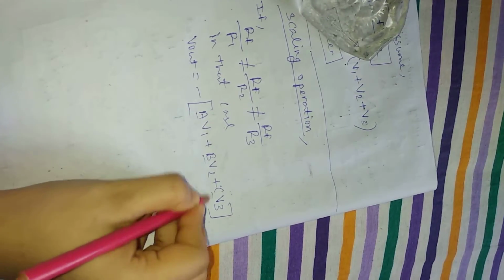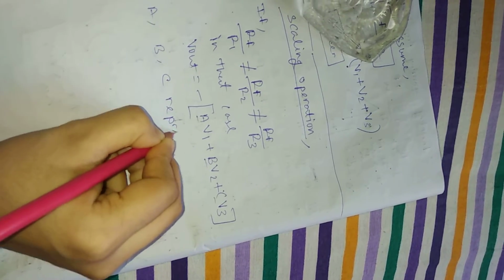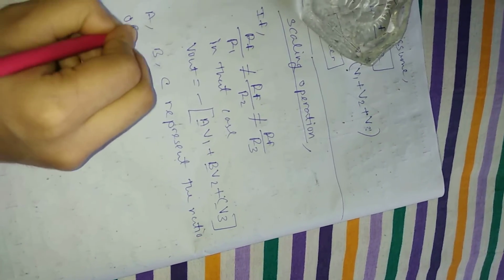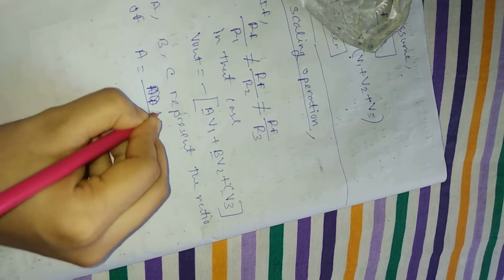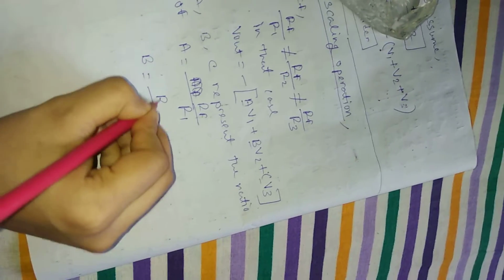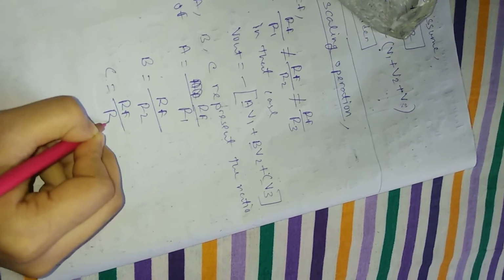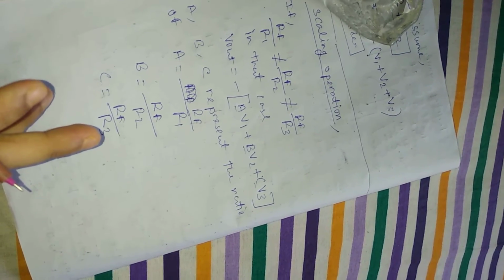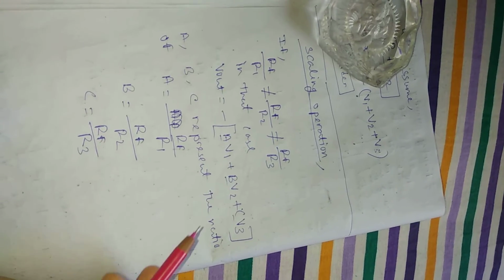How do A, B, C come? A, B, C represent the ratios: A is equal to RF by R1, B is equal to RF by R2, and C is equal to RF by R3. So along with addition we can also perform a scaling operation with the inverting summing amplifier.